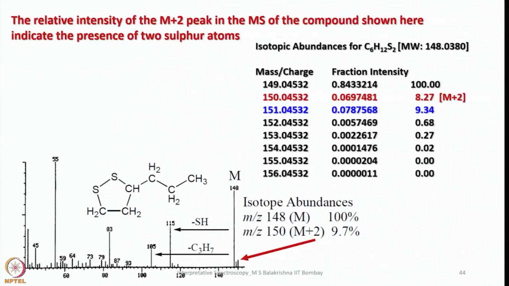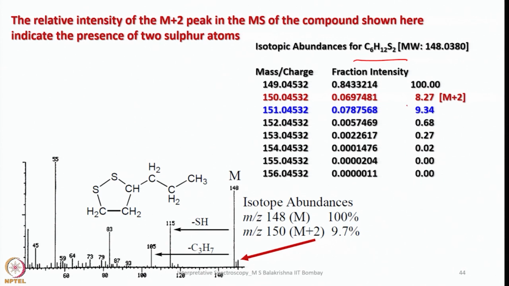One should look at relative intensities to know whether they are present or not. Now the relative intensity of the M plus 2 peak in the mass spectrum of the compound shown here indicates the presence of 2 sulfur atoms. The moment you see this molecular formula, isotopic abundance 148.0380, it indicates that 2 sulfur atoms are there. Then for the mass to charge ratio, again I have taken a simulated spectrum and this data was obtained from it.